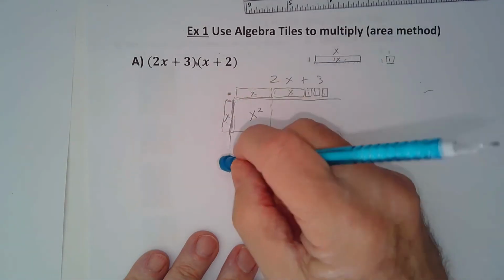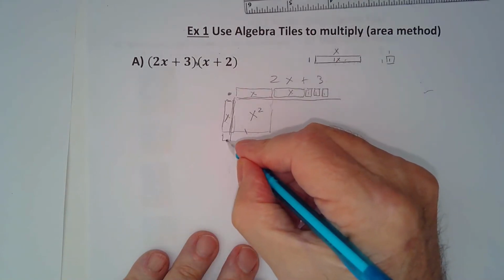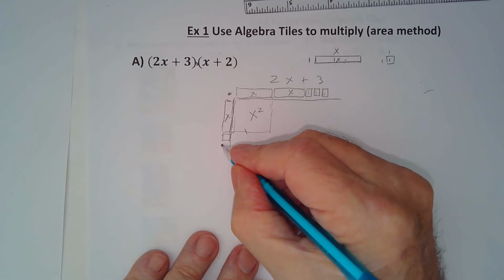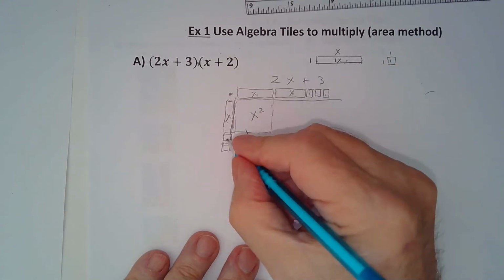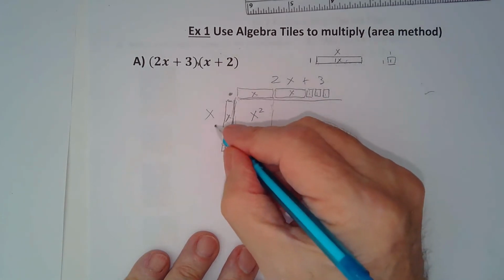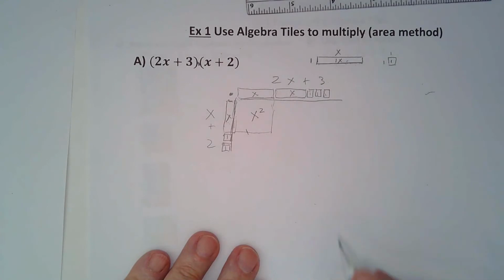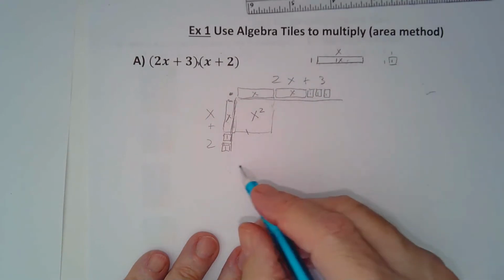Then we want 2 single units. So 1, 2, roughly. Those are 1s. So that's x plus 2. So we have the 2 binomials represented in this picture.